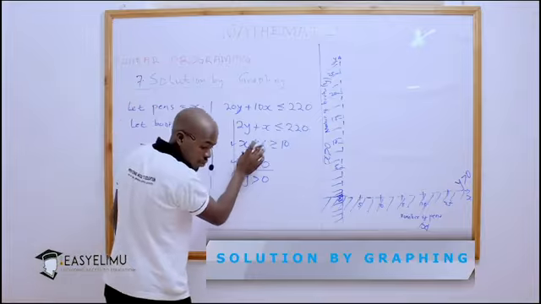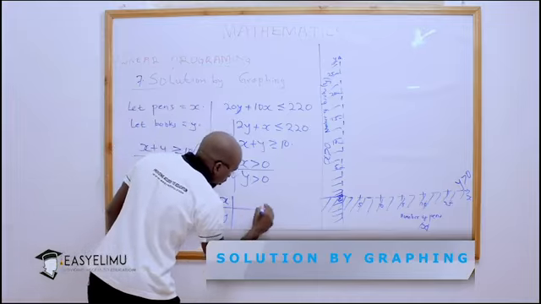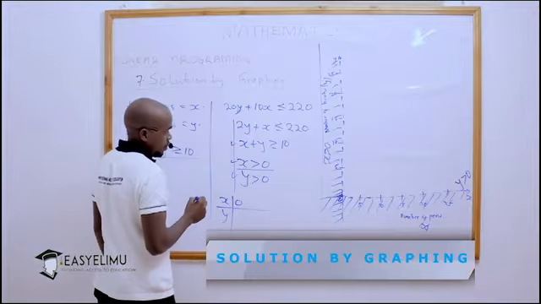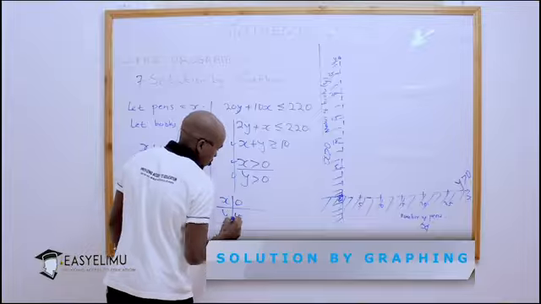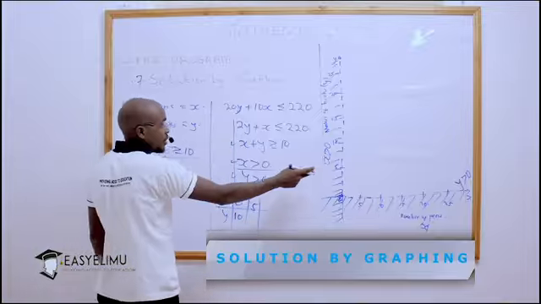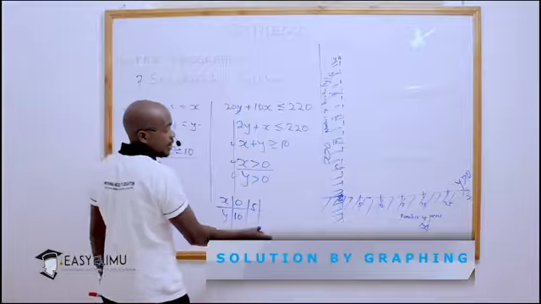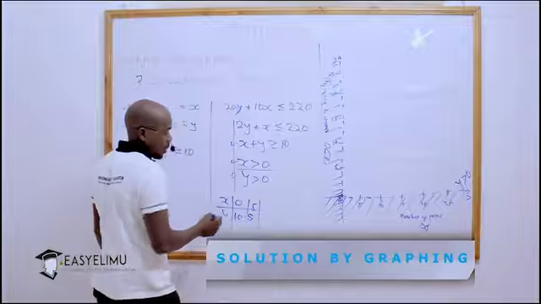So if we do that way, we shall find that if x is 0, we can find y to be 10. If x is 5, we shall find y to be 5.